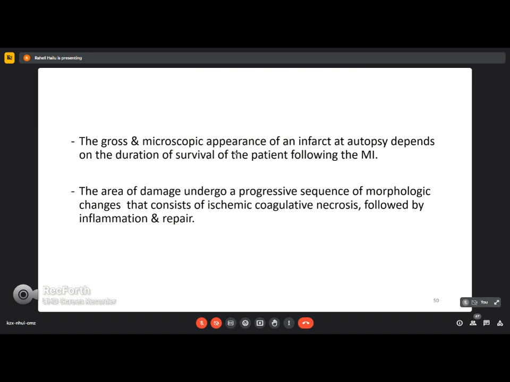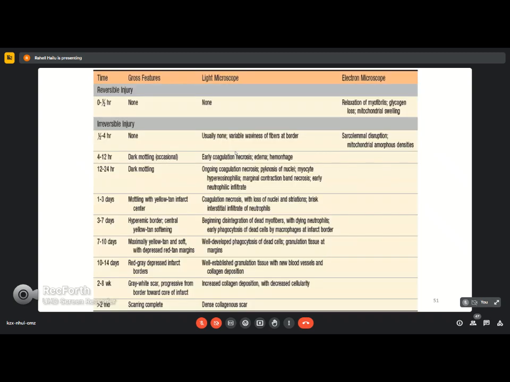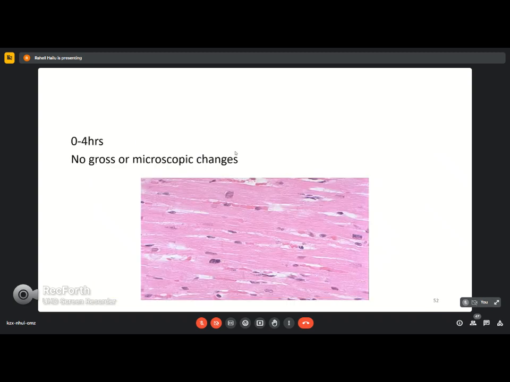So the gross and microscopic appearance of an infarct at autopsy depends upon the duration of the survival of the patient after the MI. The area of damage undergoes a sequence of morphologic changes that is mostly characterized by coagulative necrosis, just like any ischemia, it follows by coagulative necrosis.